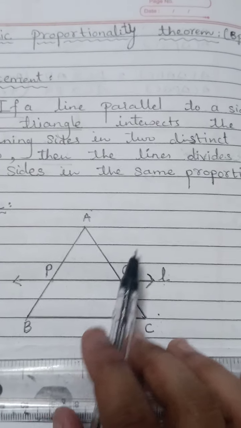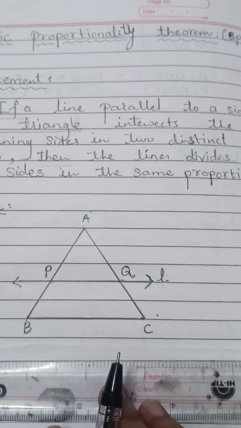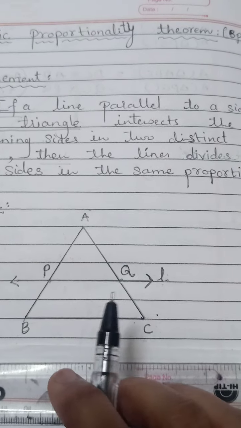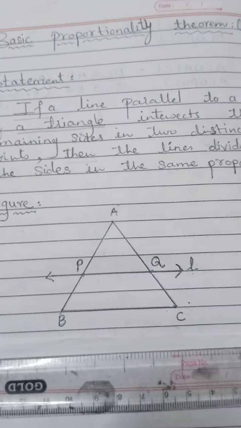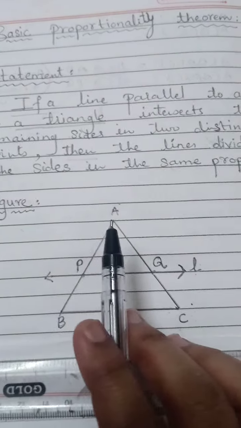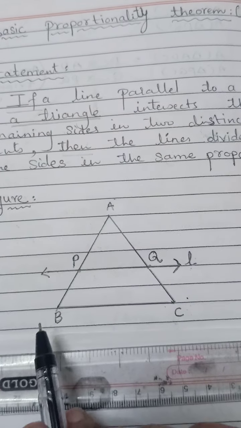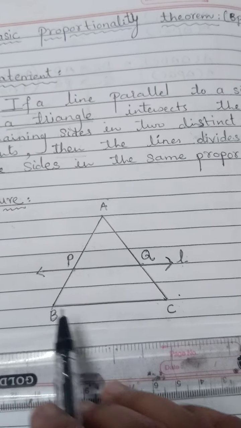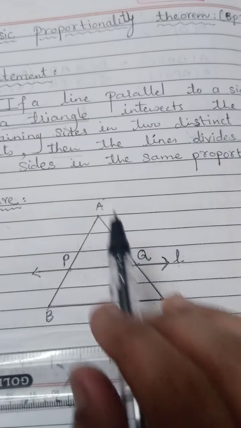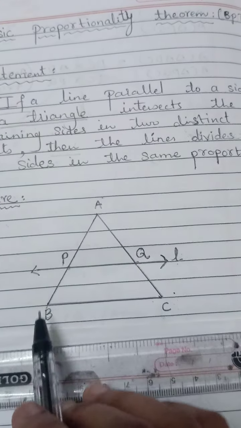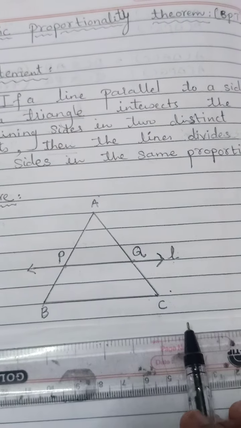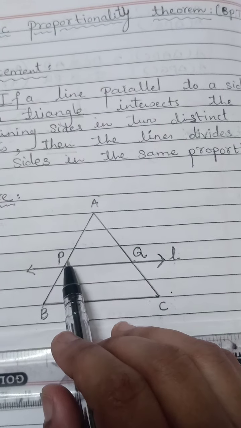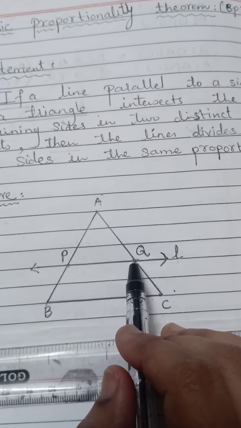So whatever we have taken in the figure, all of it is covered in the given. Again I'll repeat the statement. Listen carefully: in triangle ABC, line L is parallel to side BC and intersects the sides AB and AC at the points P and Q respectively.